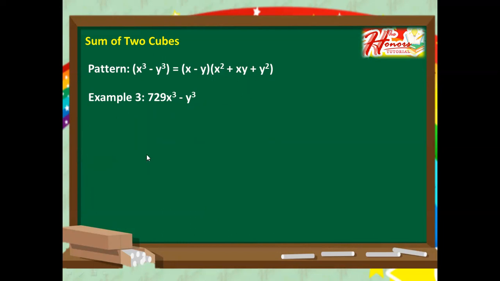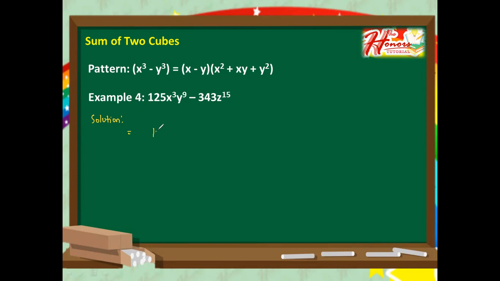So let us have another example. So we have here 125x cubed y raised to 9 minus 343z raised to 15. So let us have our solution here. Let me just copy the given.